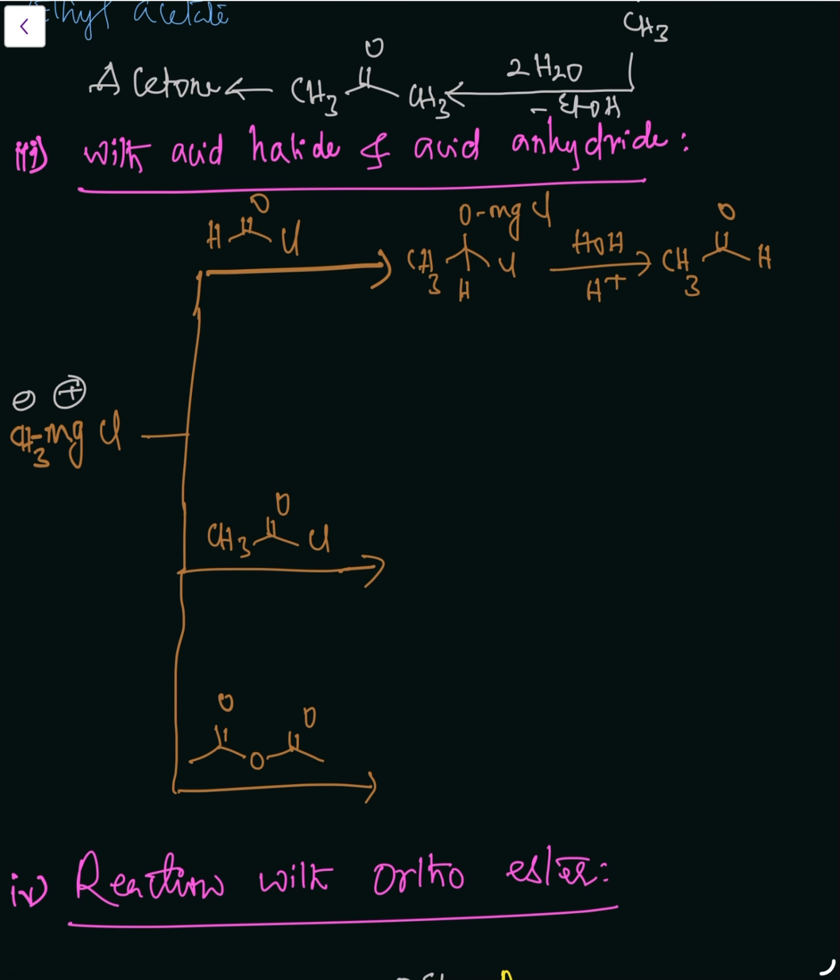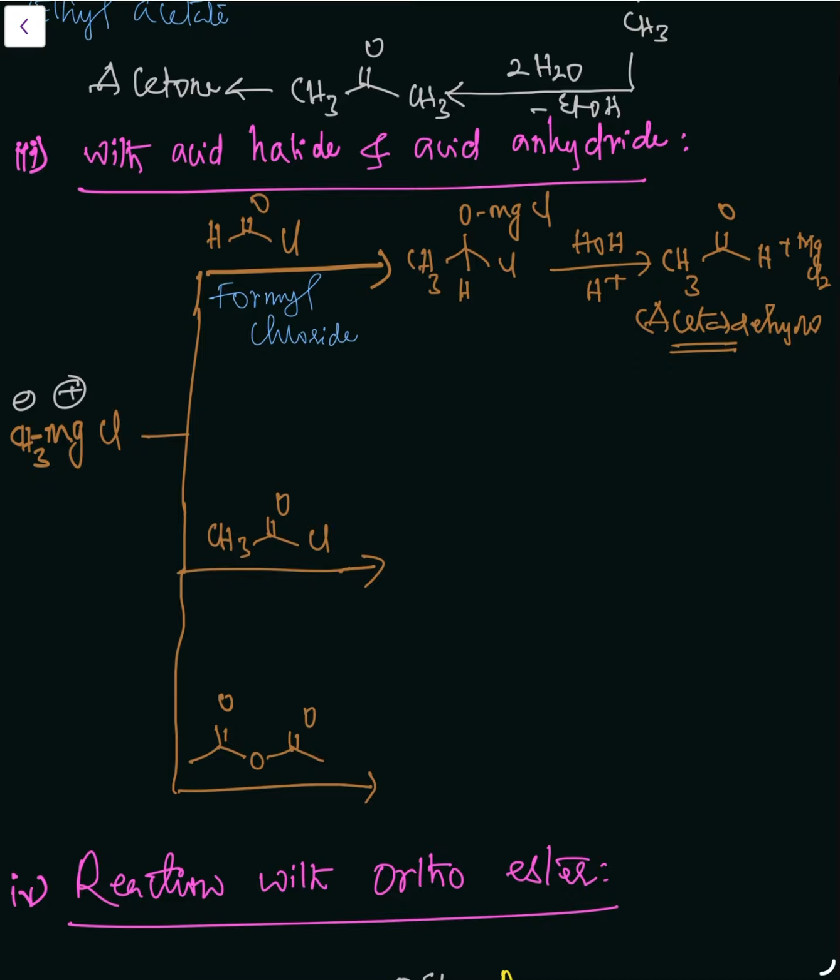When methyl magnesium bromide reacts with the acid chloride, that is HCOCl, formyl chloride, we get an intermediate, which on hydrolysis gives acetaldehyde, along with the byproduct MgCl2. Anyway, acetaldehyde is formed.